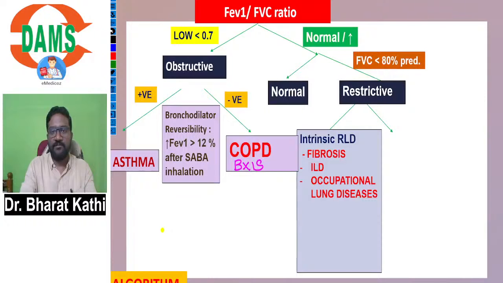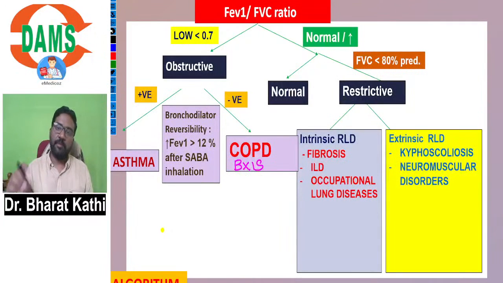Then restrictive: fibrosis, ILD, occupational lung diseases. These are intrinsic restrictive lung diseases, where your lung parenchyma is shrinking and unable to hold air. Or your lung might be healthy, but something outside your lung is not allowing it to expand properly. This is called extrinsic restrictive lung disease.